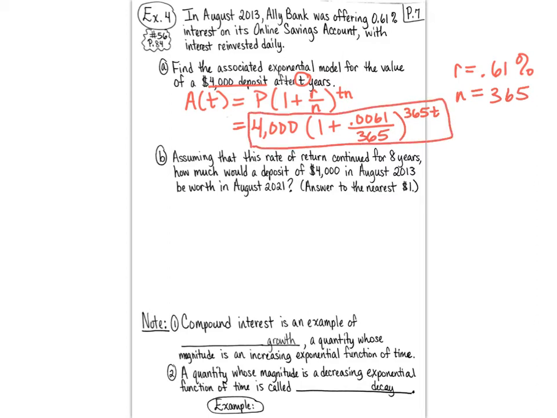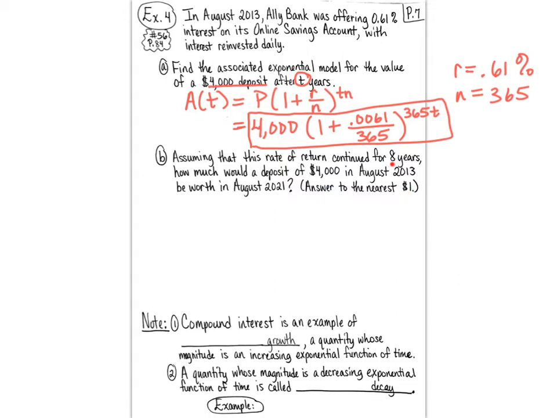Part B says, assuming that this rate of return continued for 8 years, how much would a deposit of $4,000 in August 2013 be worth in August 2021? Give an answer to the nearest dollar.